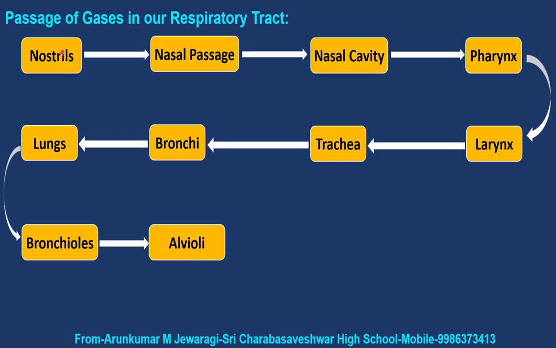Okay, you can first write alveoli, then bronchioles, then lungs, then bronchi, then trachea, larynx, pharynx, nasal cavity, nasal passage and nostrils. Like this we have to write the passage of gases. Okay, if they ask the passage of gases in the respiratory tract, you can show both directions. One is like this and another is in the reverse direction. Okay. So this is about the passage of gases in our respiratory tract.